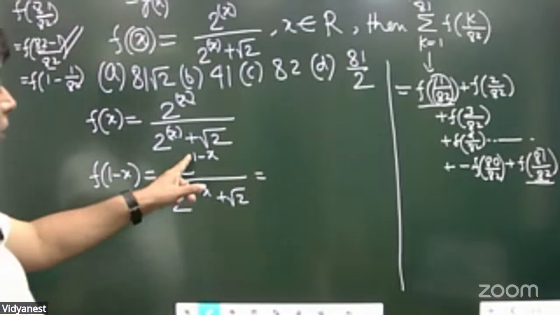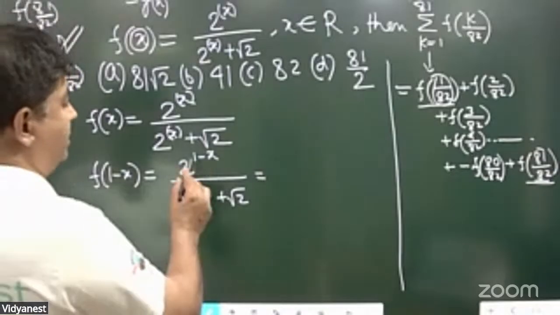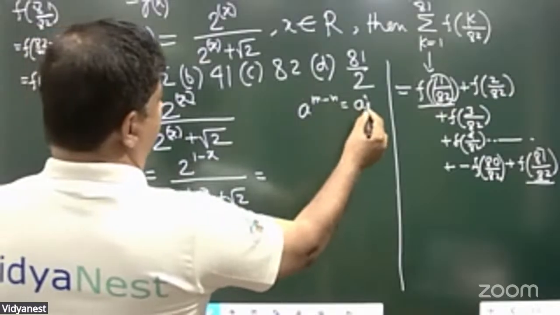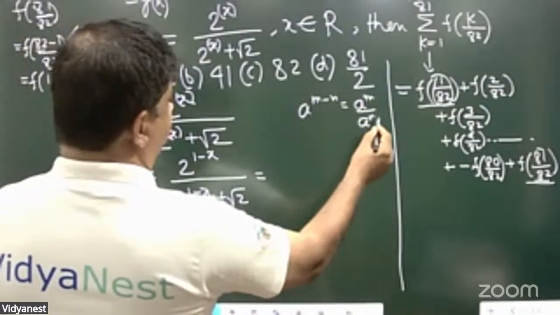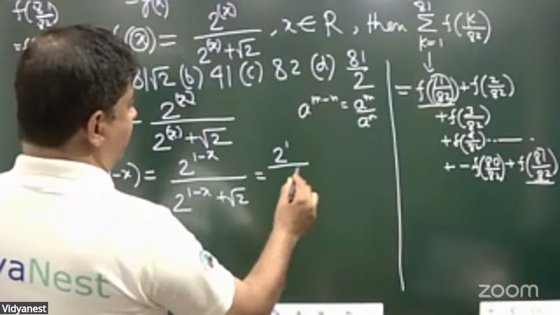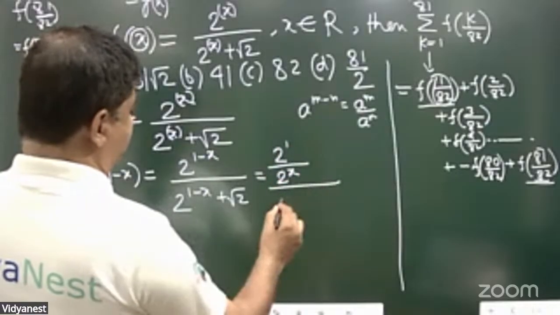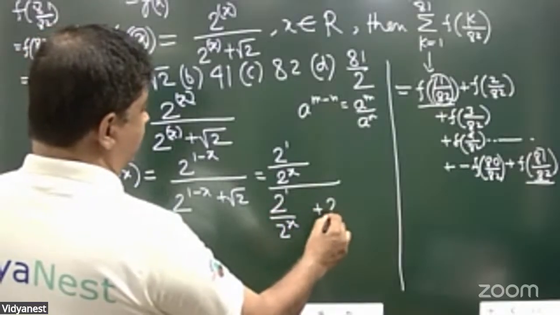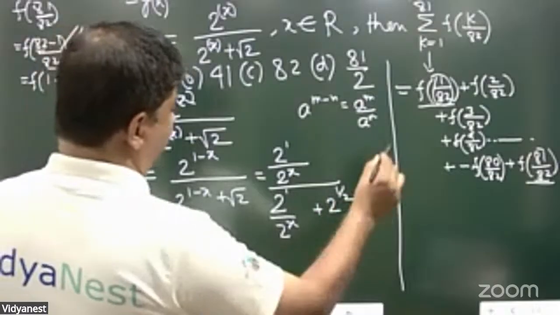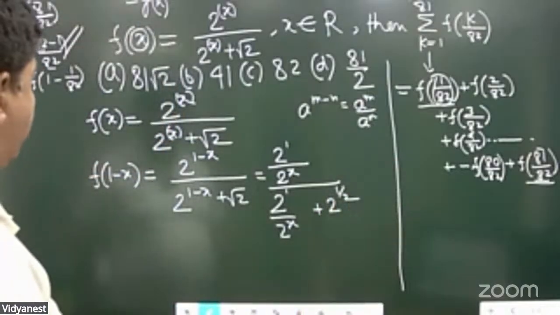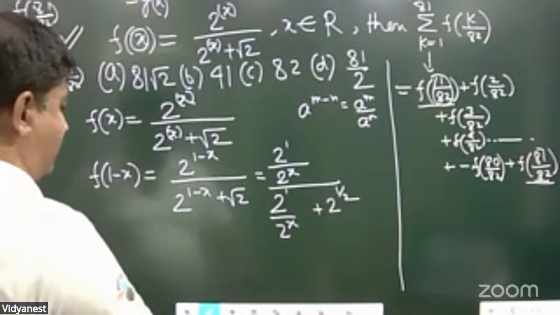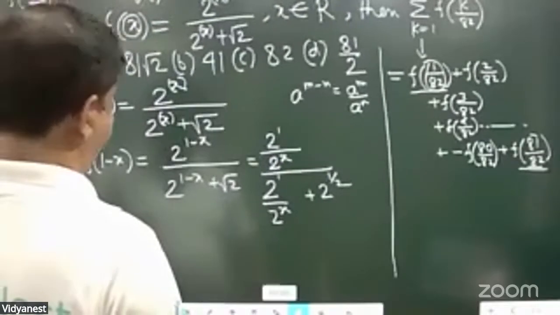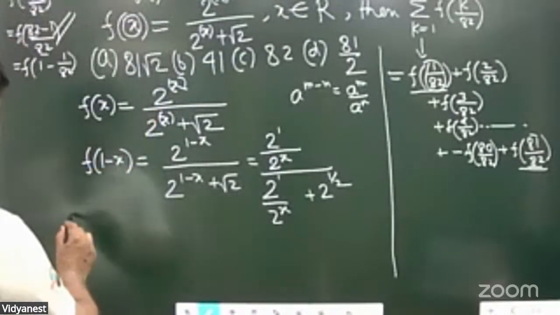This part, laws of exponent, a to the power m minus n is a to the power m by a to the power n. So 2 to the power 1 by 2 to the power x, and root 2 means 2 to the power half. So again, more simplification is required. And what is that simplification?